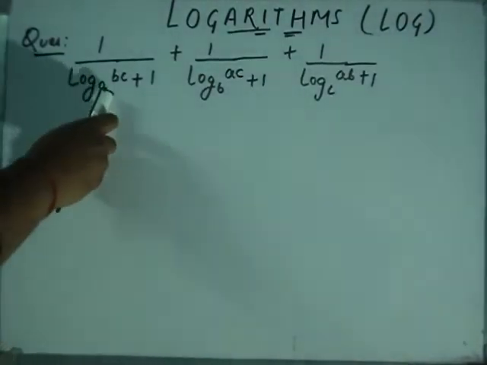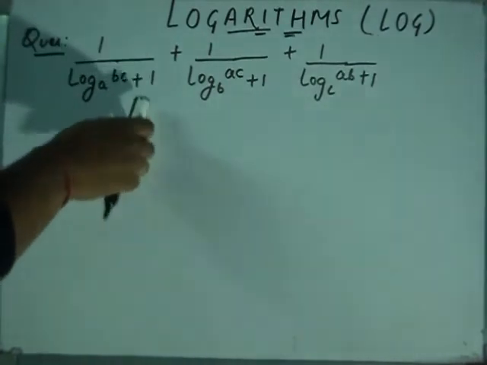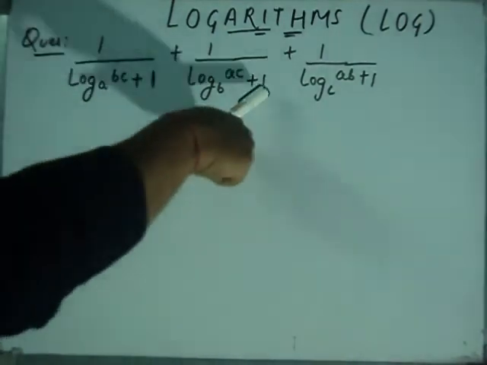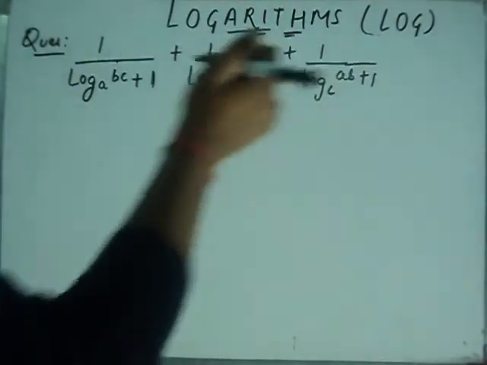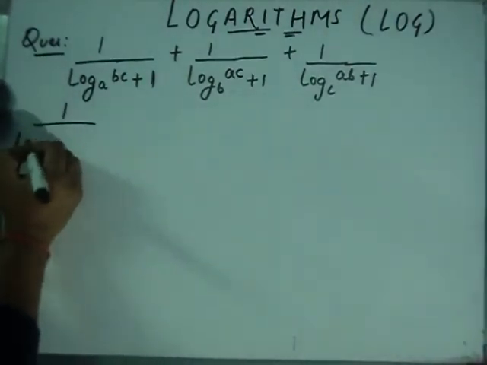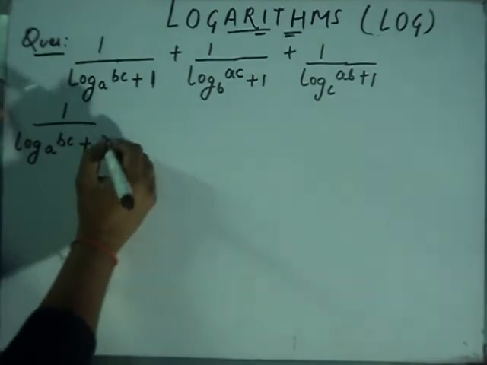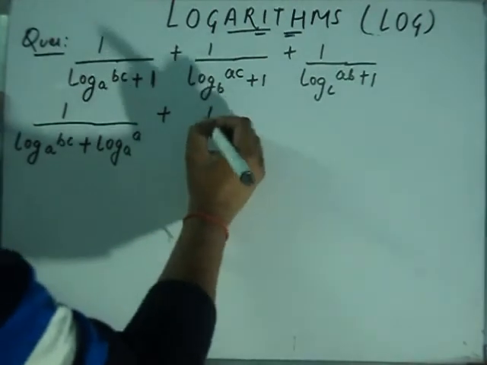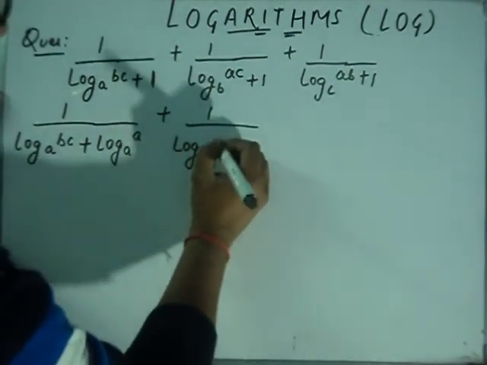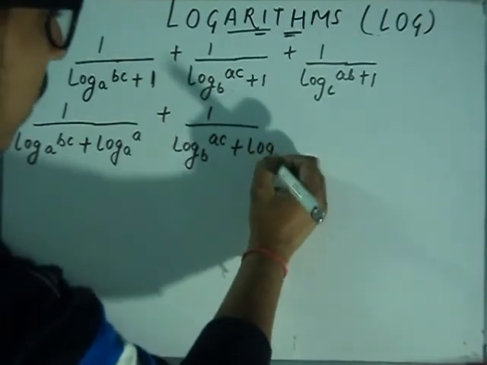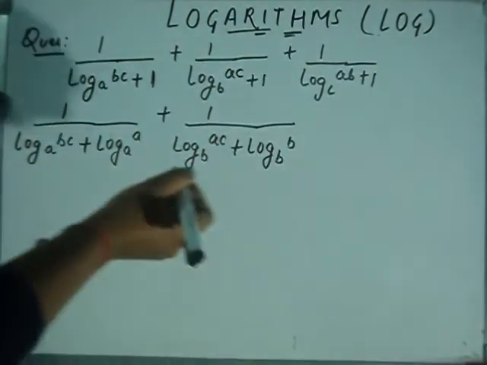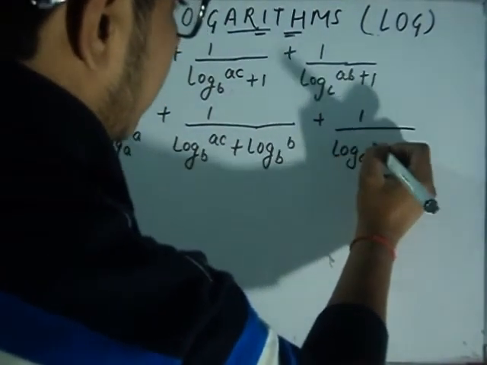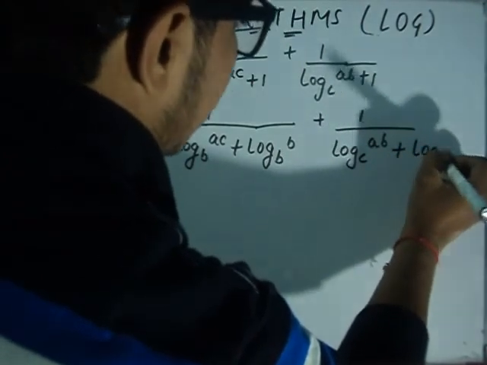Our main focus would be, here is 1 and here is a and here is 1. Convert this 1 into log a form, and here 1 into b form, and here 1 into c form. So what we do: log base a of bc plus log base a of a, which is equal to 1. And in this case, log base b of ac plus log base b of b, which is equal to 1 also, and in this case also log base c of ab we can write as plus log base c of c.